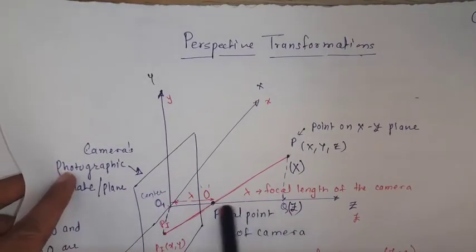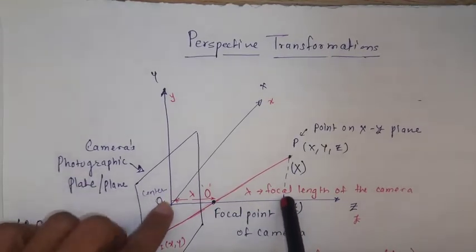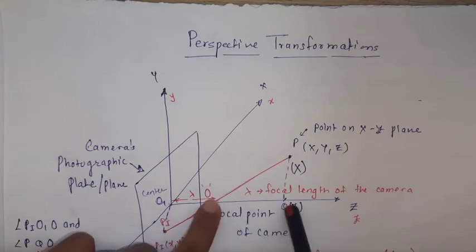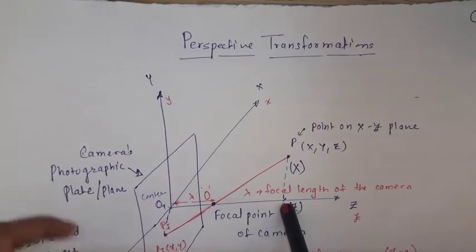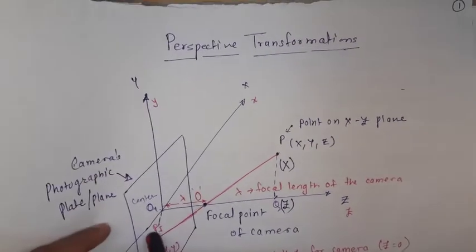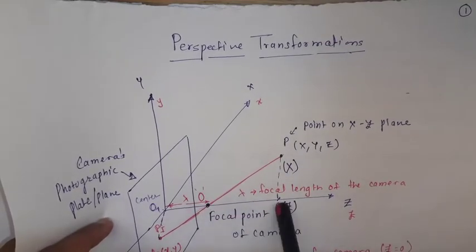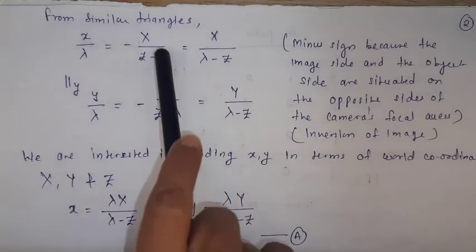Can I say this is z minus lambda? Yes, because this entire length is z and this is lambda, so this will be z minus lambda. So small x upon lambda equals capital X upon z minus lambda, which is what is written here.